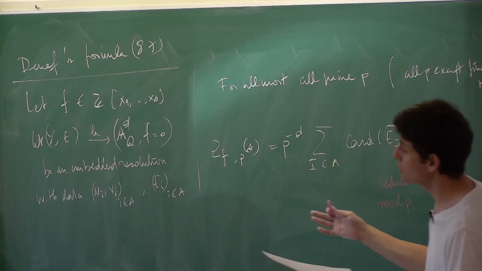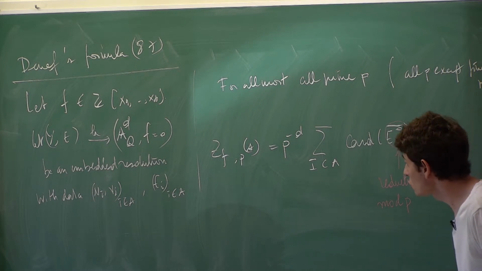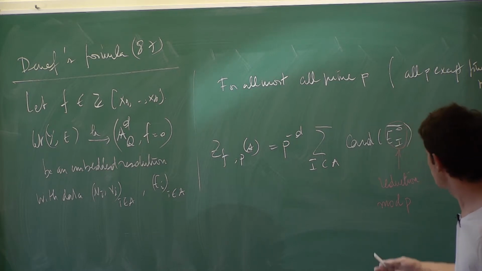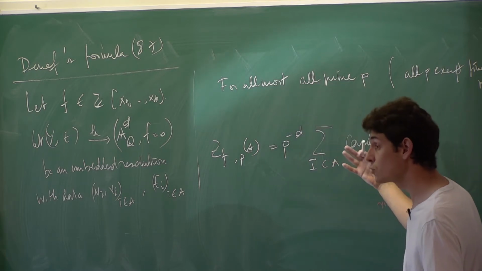That means that you have equations locally and you reduce all the equations modulo p. Okay? And there is a notion of good and bad reduction, and this almost all primes p means a good reduction.